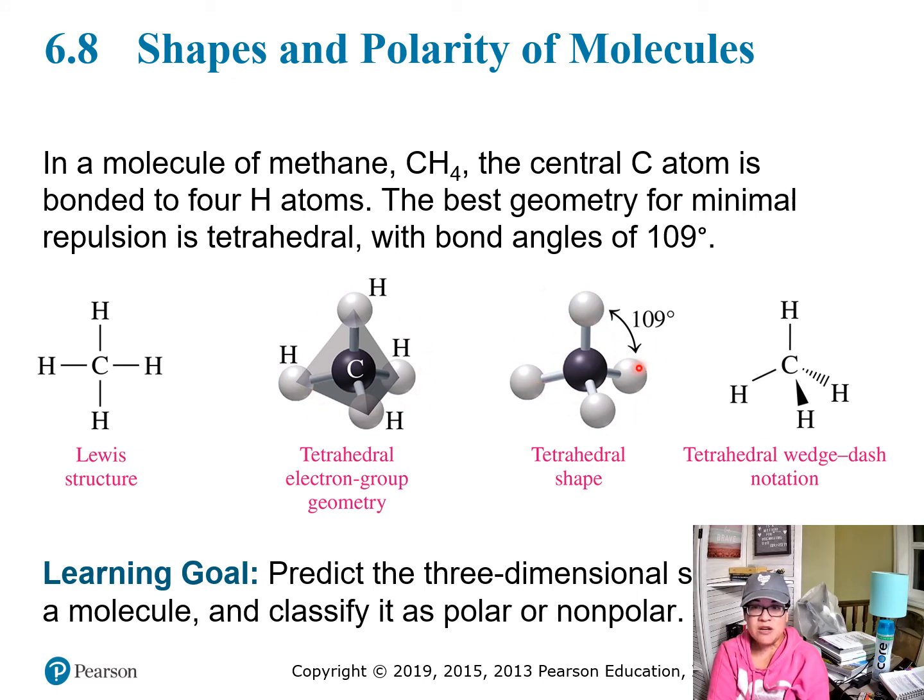This shape here is known as a tetrahedral, and this is another way that we also draw it. This solid triangle is showing that this H is coming out towards us, and the dashed one is showing that the H is going behind the screen. So this is the wedge-dash notation. We're going to try to predict what the 3-dimensional models would actually look like.